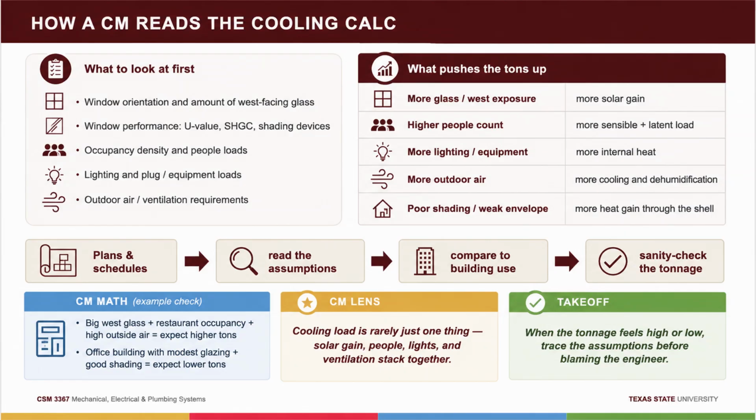Plug loads, computers, monitors, the breakroom fridge, diversified, 6,000. Ventilation, 12 people at 15 CFM each is 180 CFM of outdoor air. Sensible, 1.08 times 180 times 20 equals about 3,900. Latent, 0.68 times 180 times 30 grains equals about 3,700.